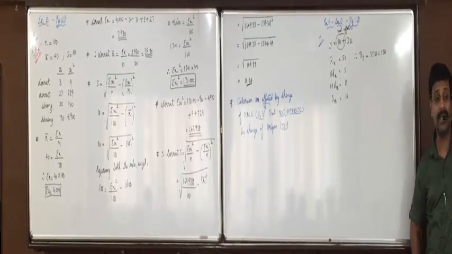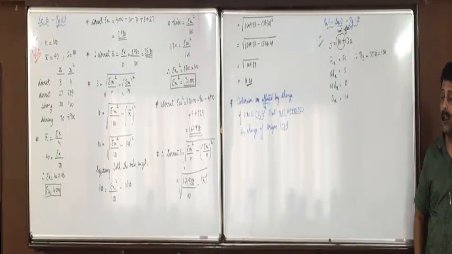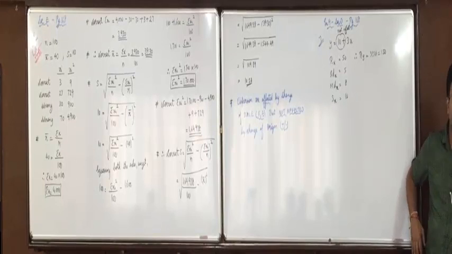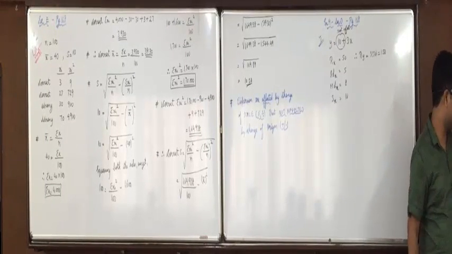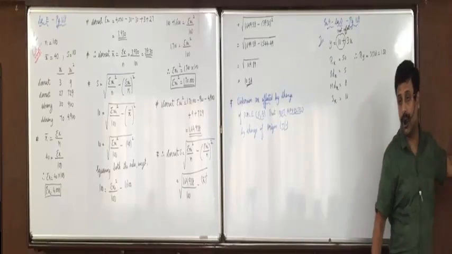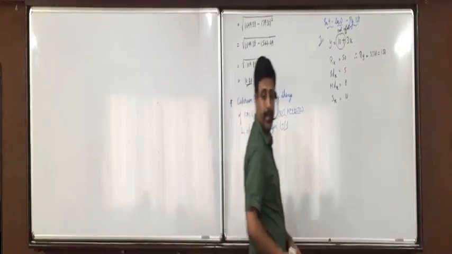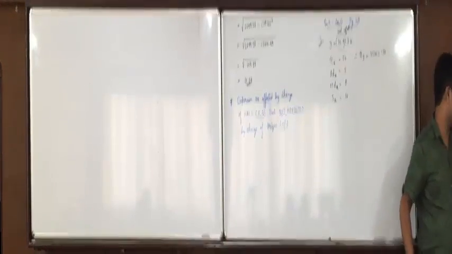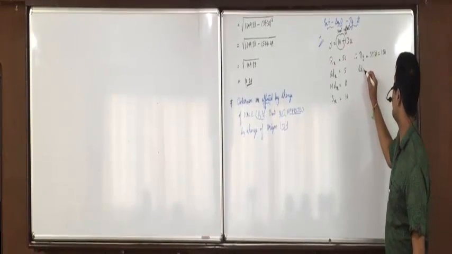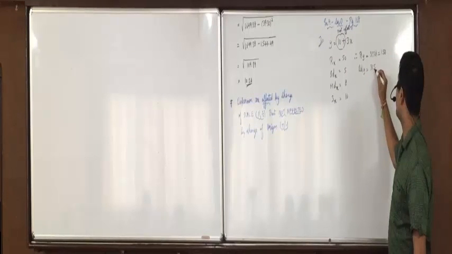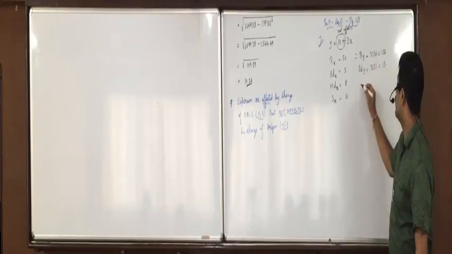So 10 plus does not make any difference, but on multiplying with 3, all the measures of dispersion will get multiplied with 3. Got it, everyone? Completed this? Any doubts in this? So quartile deviation of y will be 3 into 5, 15.